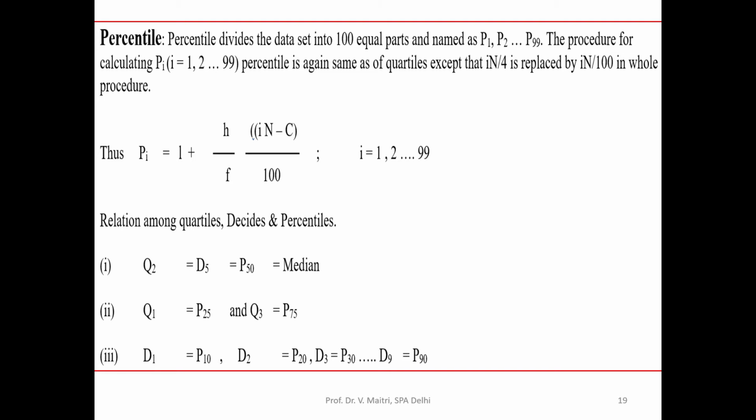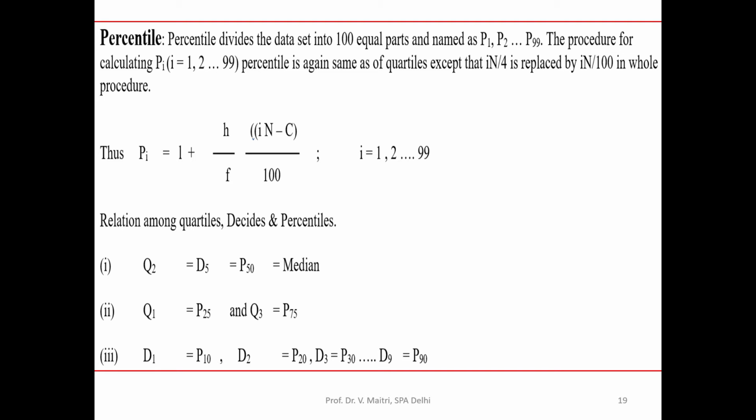There is no equivalent decile, so only Q1 and P25 are related. Similarly, Q3 is equal to P75. D1 is equal to P10, D2 is equal to P20, D3 is equal to P30, and D9 is equal to P90.